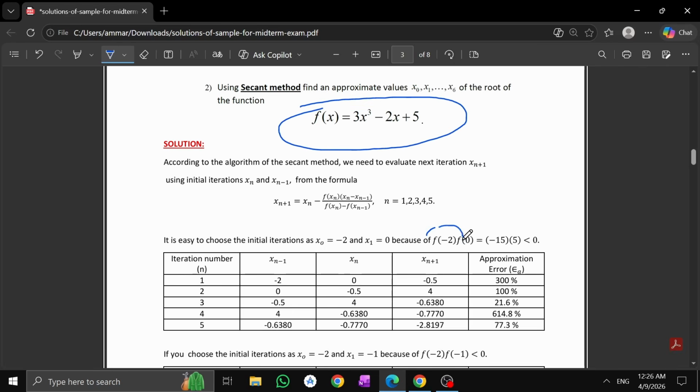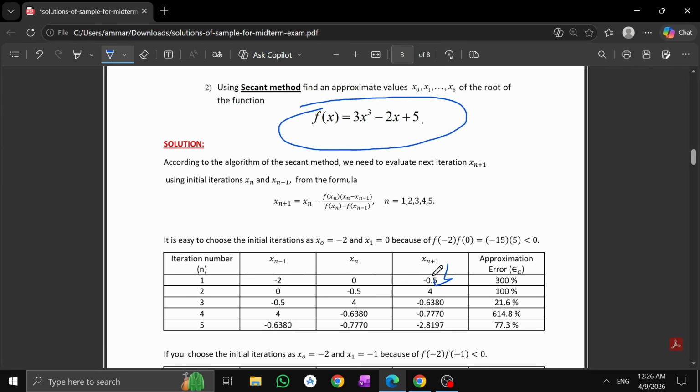You're just gonna plug in these points you chose randomly and see if they are multiplied together less than 0 or not. If they're less than 0, then yes, you can use them as initial points.